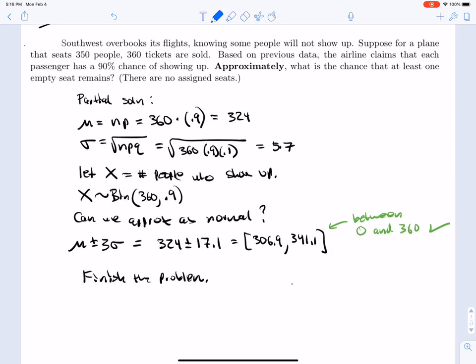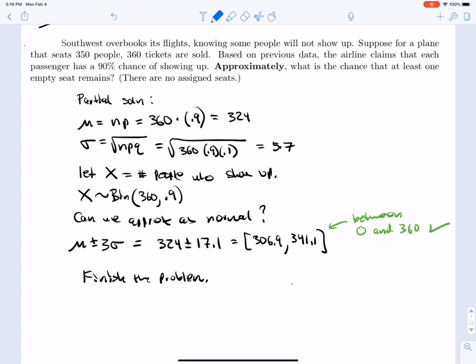So here's an example. Southwest overbooks its flights. You calculate here that the average is 360 tickets sold, and the likelihood that someone shows up is 0.9.